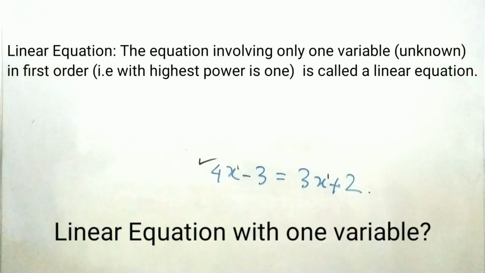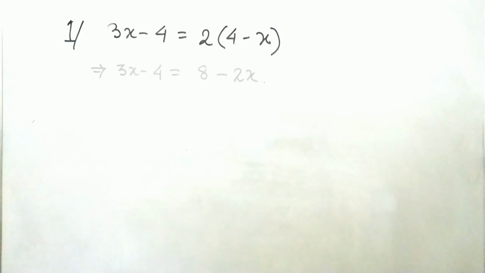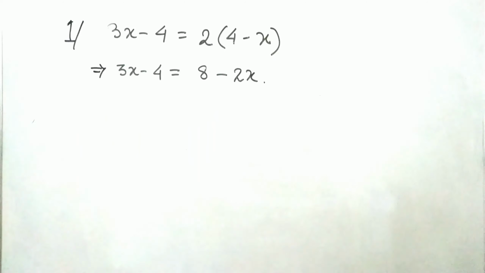Now let's go for some problems where we shall find the value of this unknown variable, that is x. This problem says that 3x minus 4 is equal to 2 into 4 minus x. So we have to find the value of x now. What we have done here is just opened the bracket on the right hand side, and keep in mind that you have to put an equal sign in front of every line.